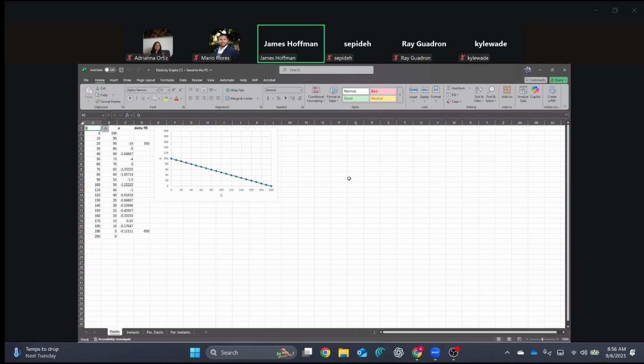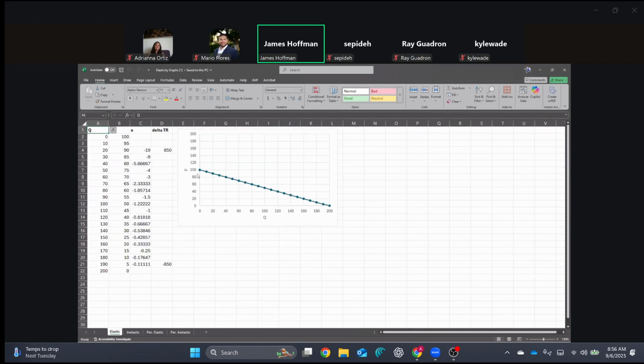All right, so worry about the other columns later, but essentially we have a hypothetical good or demand curve, and the y-axis is the price of the good, and the x-axis is the quantity demanded. And think of this as an individual demand first.